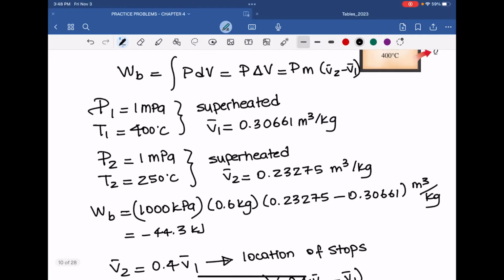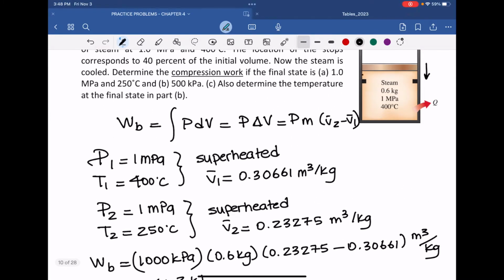So initially it must be stopping somewhere here, and we calculated the second state properties from there. Now if it needs to go all the way here and rest there, its pressure can change now inside, but it's not gonna crash down.